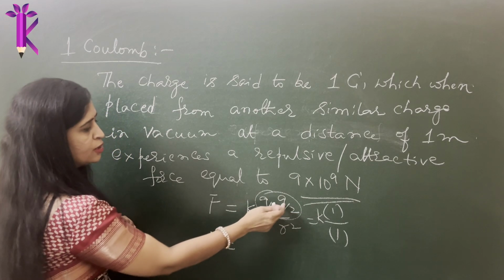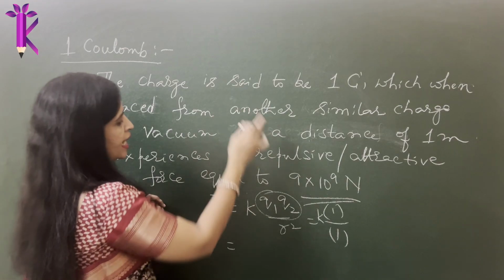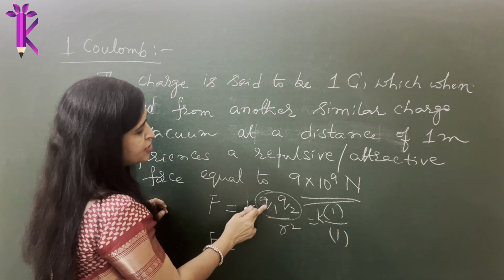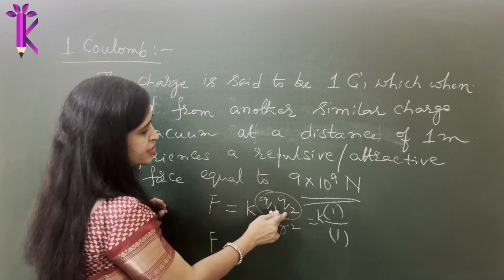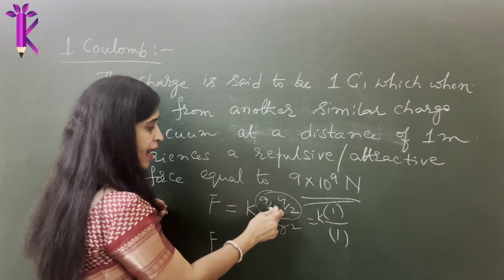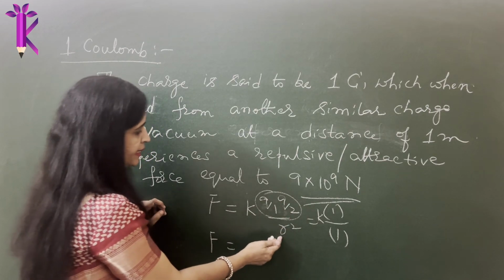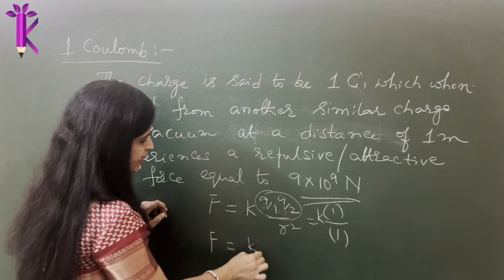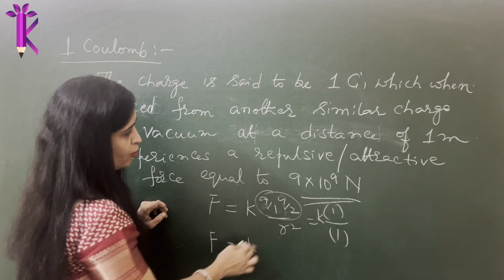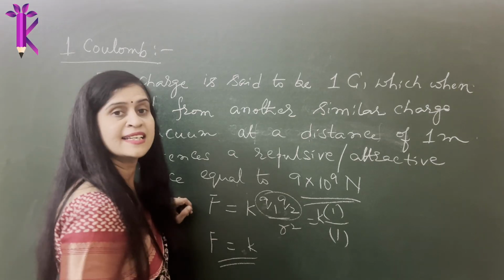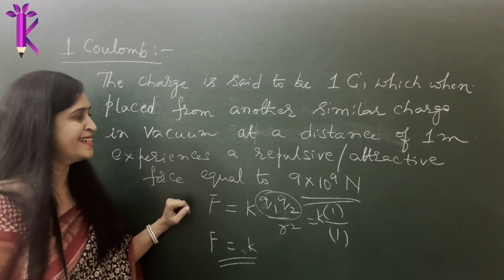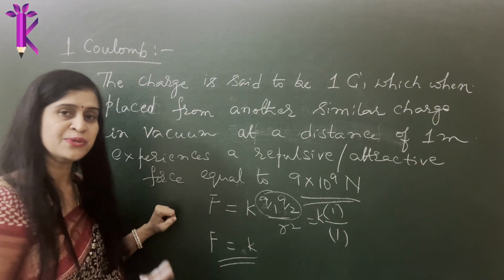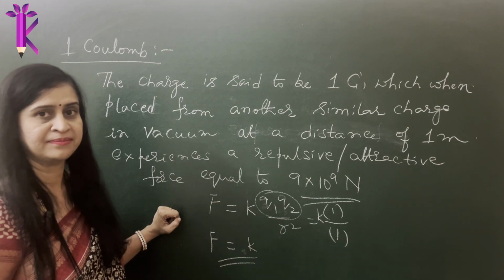So a charge is said to be 1 Coulomb if, when placed near another similar charge in vacuum at a distance of 1 meter, it experiences a force equal to K. What is the value of K? K is 9 into 10 to the power of 9 newtons. So that is how you define 1 Coulomb.